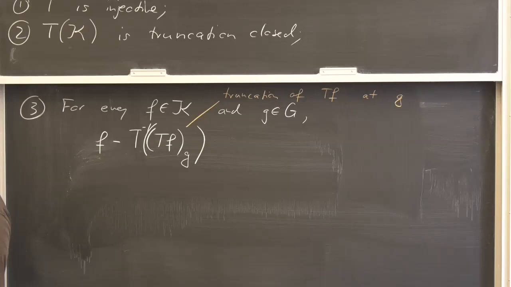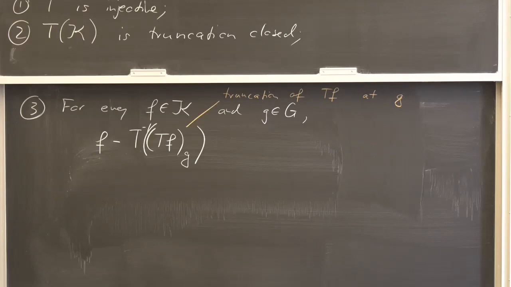I just had a small question. Do you require G to be a full set of representatives for the Archimedean classes? No, it might be smaller than that.